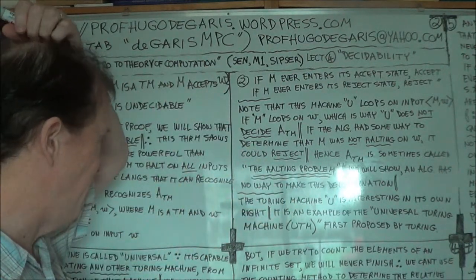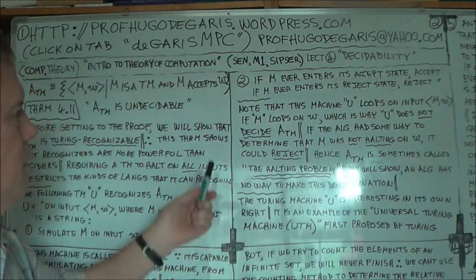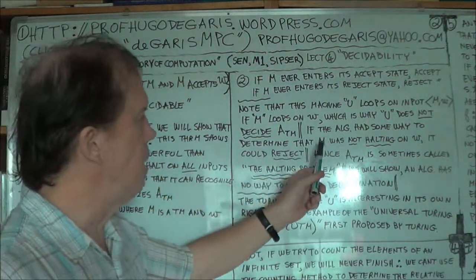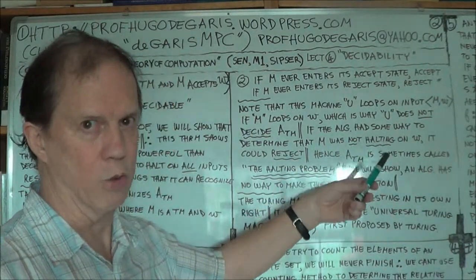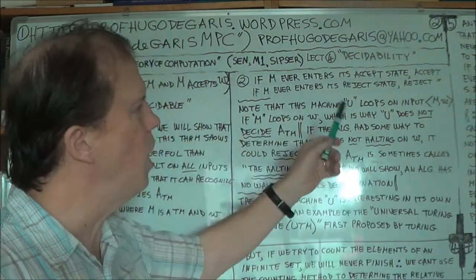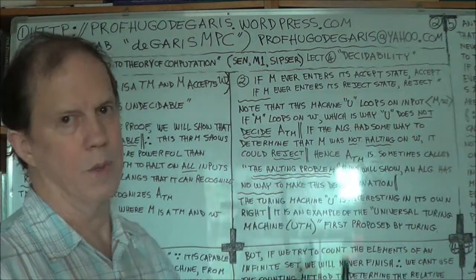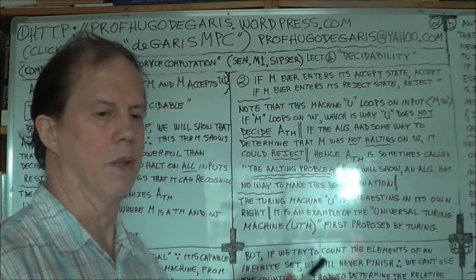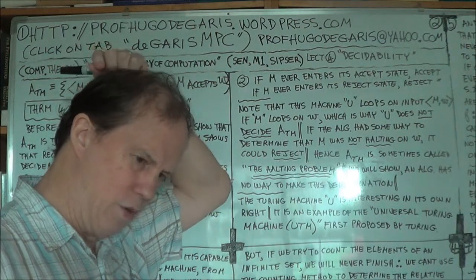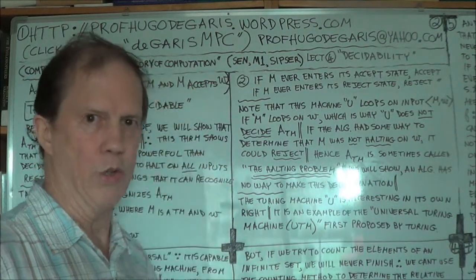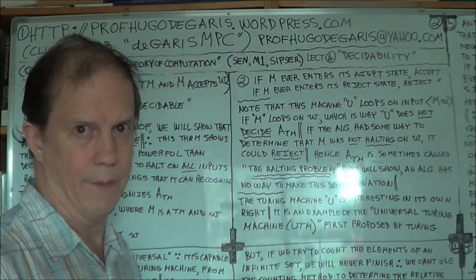Now, if somehow we could determine that M is not going to halt, in other words, that it's going to loop. So if there was some way that you could know that M was going to loop, well then you could have U rejecting, right?